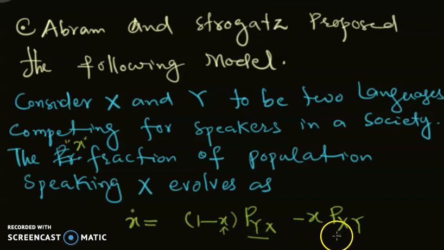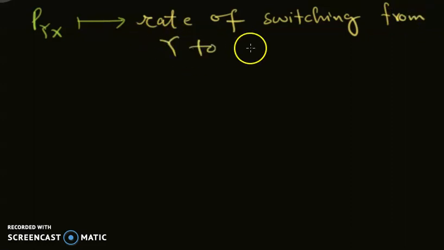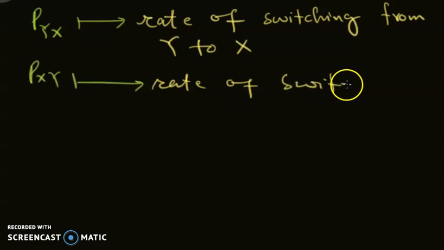What about these P_yx and P_xy? Basically, P_yx is nothing but the rate of switching from y to x, and P_xy would be the rate of people switching from x to y.